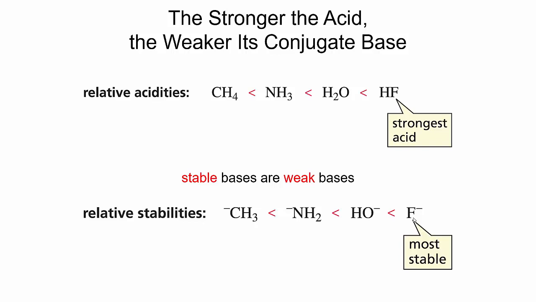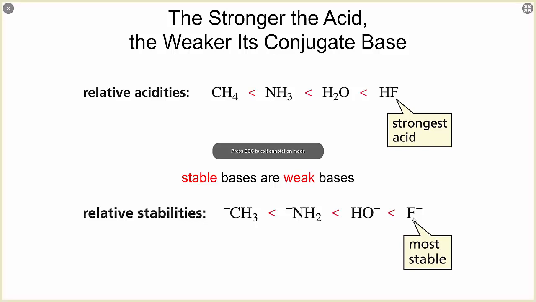If we're talking about the conjugate base, and this is another important concept, the strongest acids have the most stable anions, and because they don't need to have the hydrogen attached, they are the weakest bases.